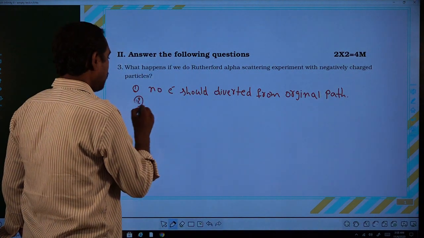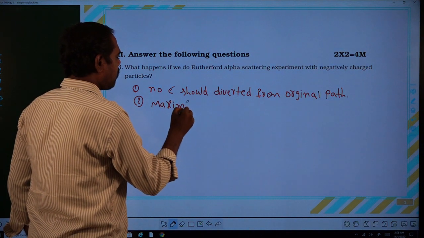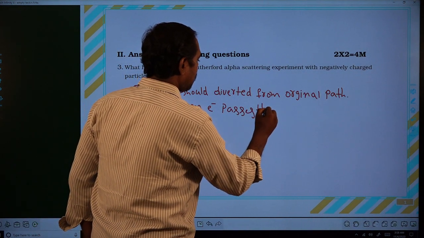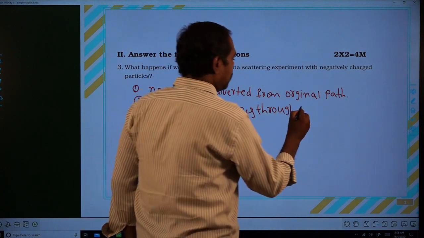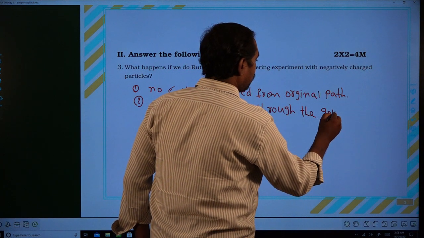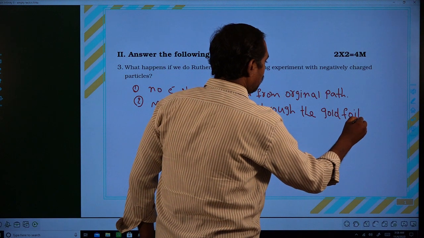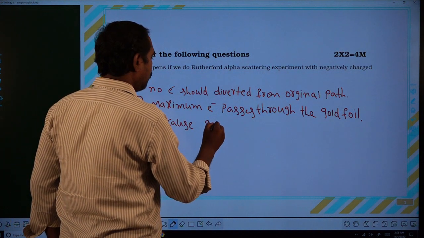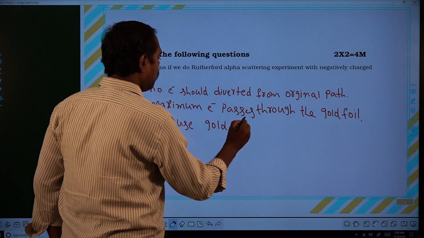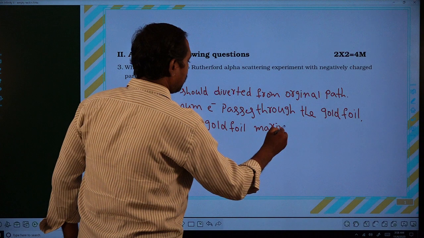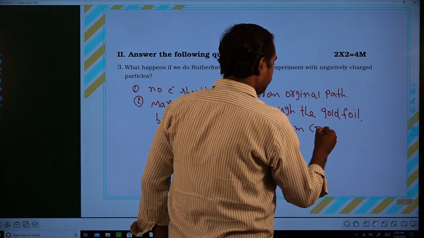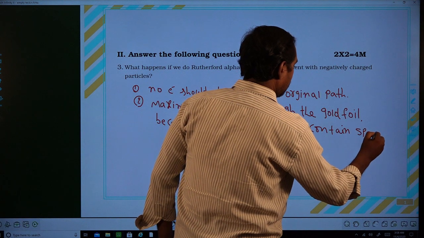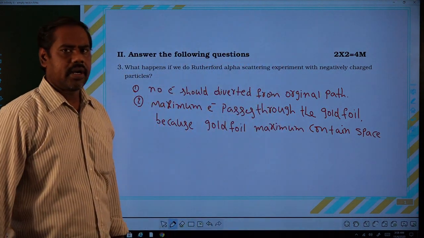The second one: maximum electrons pass through the gold foil, because the gold foil maximum contains empty space.